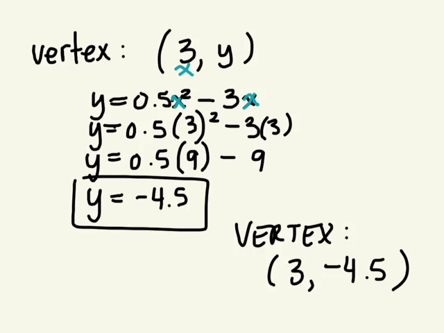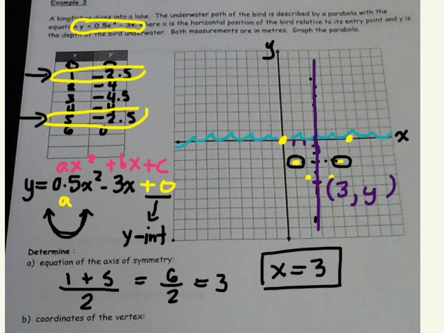Again, the vertex tells us the axis of symmetry. What does the y value of the vertex tell you? Here's the vertex right here. Here's our parabola. Let me just connect the points. Where's the vertex located?